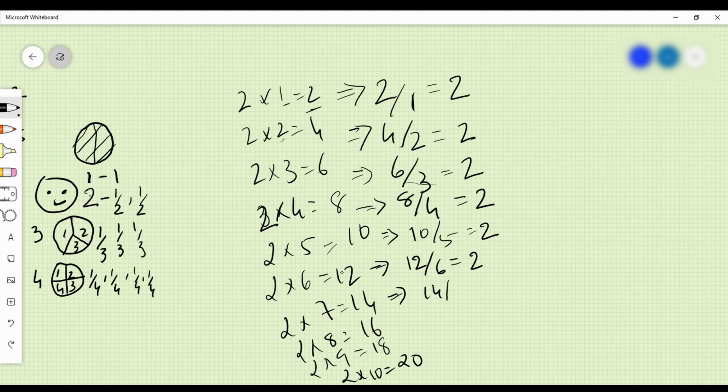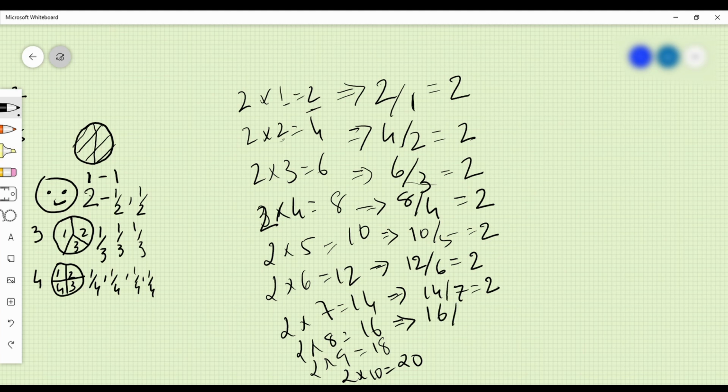Here 14 divided by 7, you get another 2. Here I'm just taking one table and trying to explain the whole table. So we get a different idea about table. We just don't try to cram it, but we know how it works, and we can use it more efficiently if we have this kind of understanding.